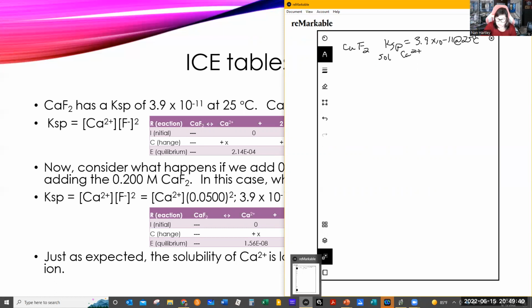So I know that my KSP for this is going to be equal to Ca2 plus times F minus squared. And of course, I know that because I know that CaF2 solid becomes Ca2 plus aqueous plus 2F minus aqueous.